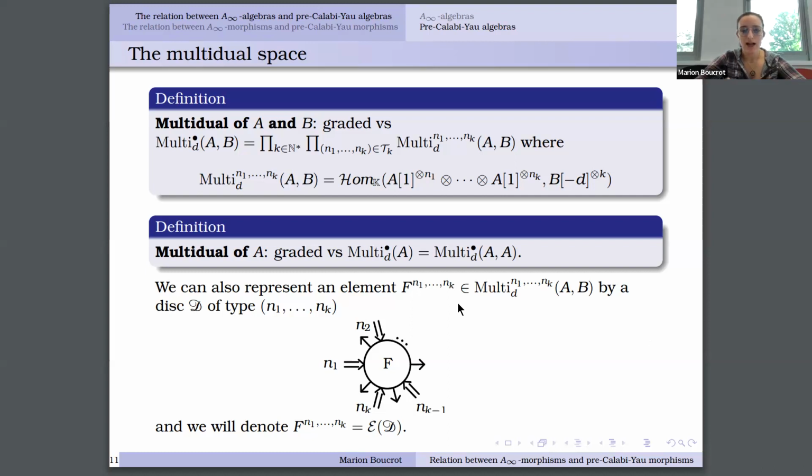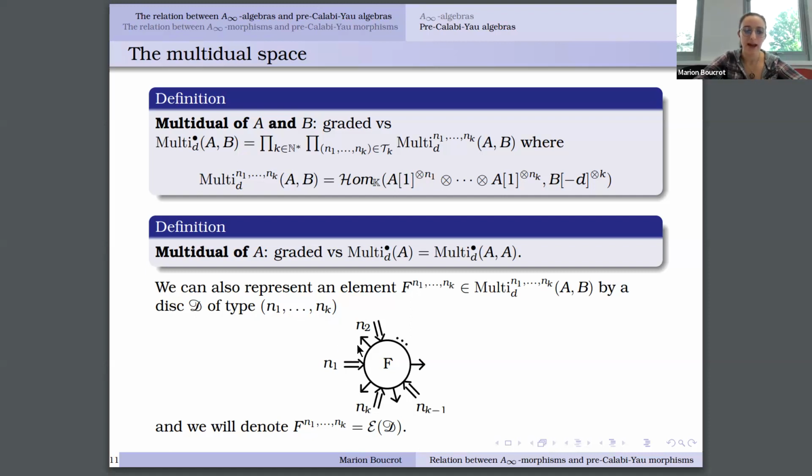And as for the case of an element of the space of Hochschild cochains, it is possible to represent an element of this multidual by a disk. Now the disk must have several outputs. So we have several outgoing arrows, and we have double arrows that again represent consecutive incoming arrows. So a disk is of type n1 to nk.